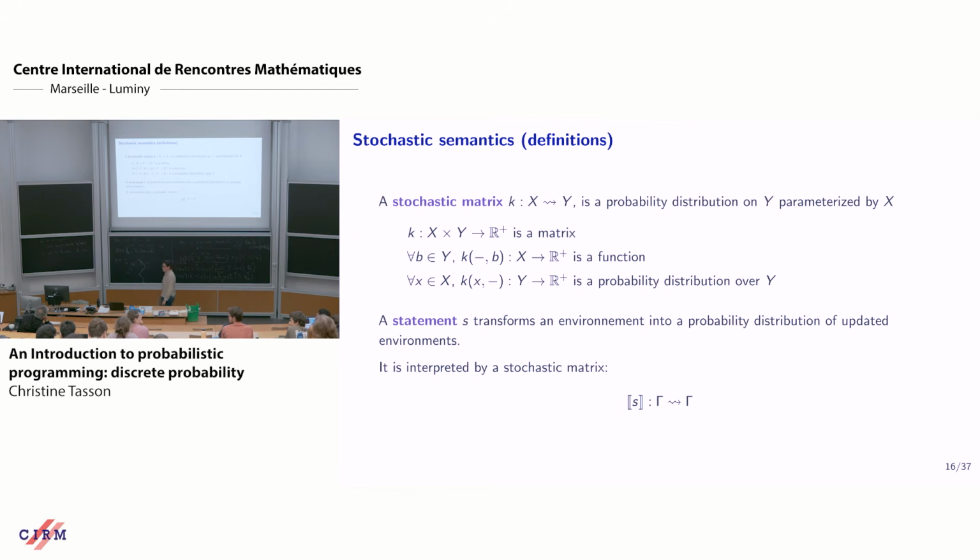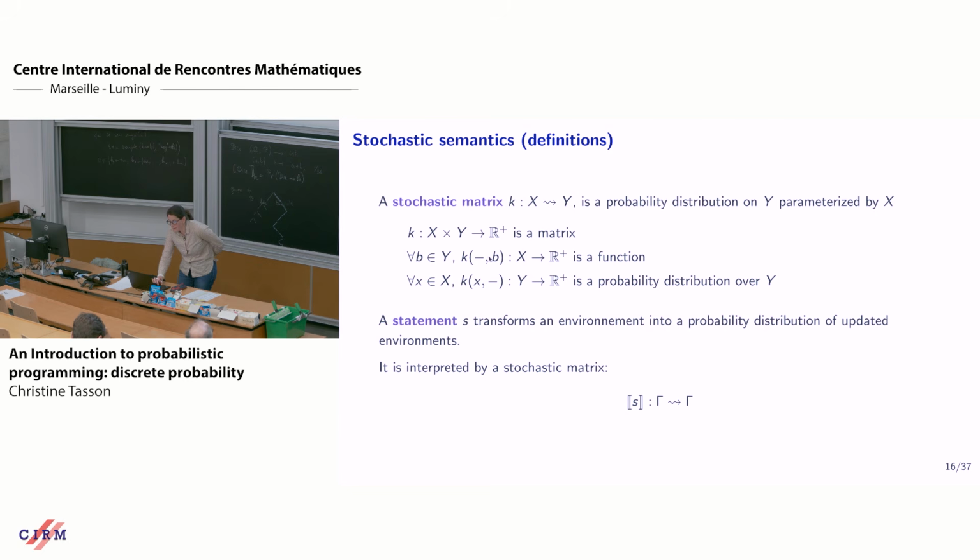A stochastic matrix is a function from a set x and y to x and y, it will associate a positive real number, such that for any x in x, the function from y to r plus is a probability distribution over y. Okay? So if I fix x, then I get a probability distribution over y.